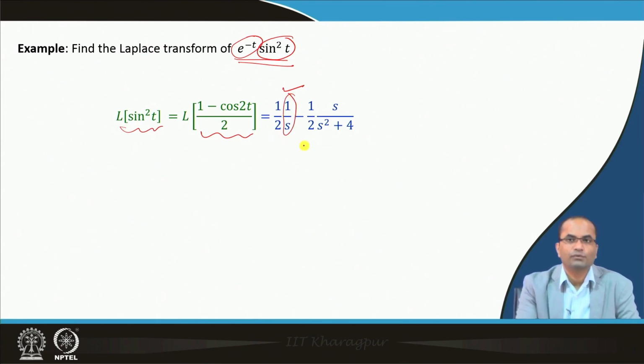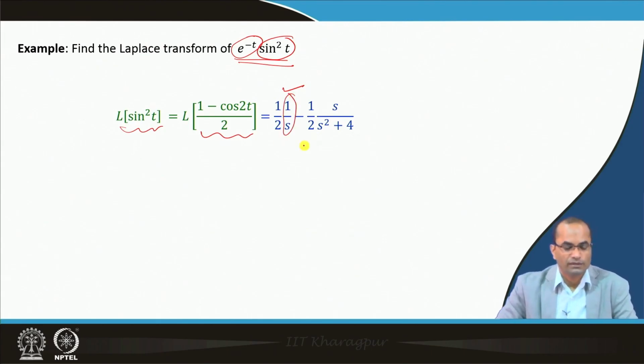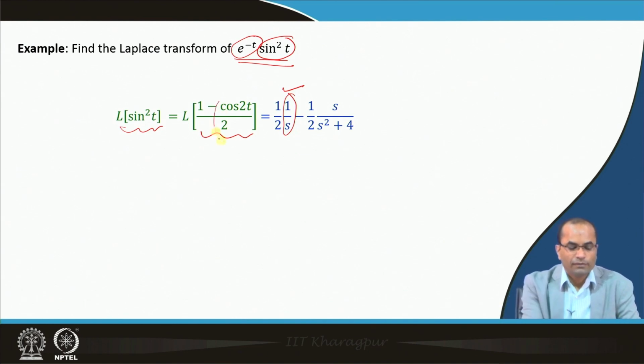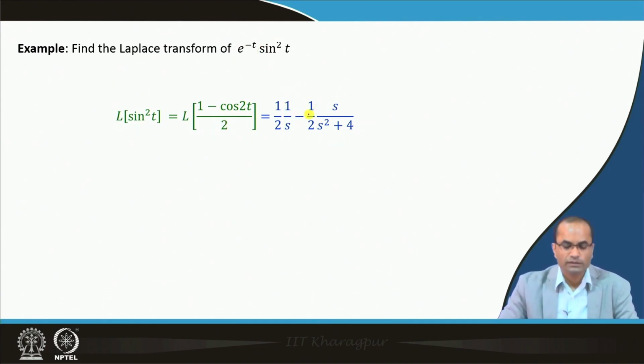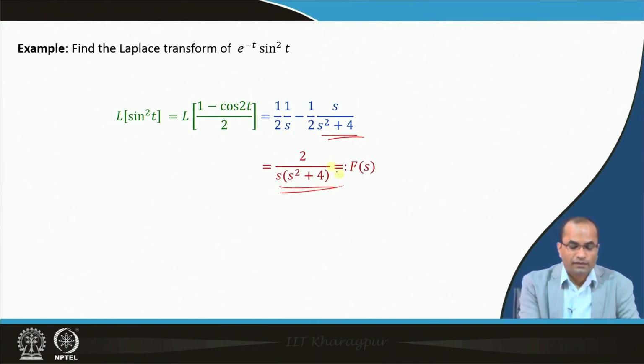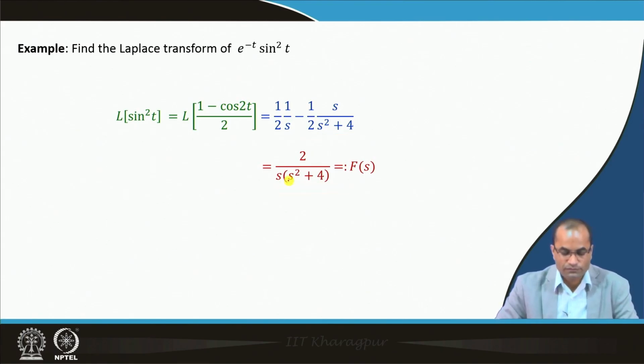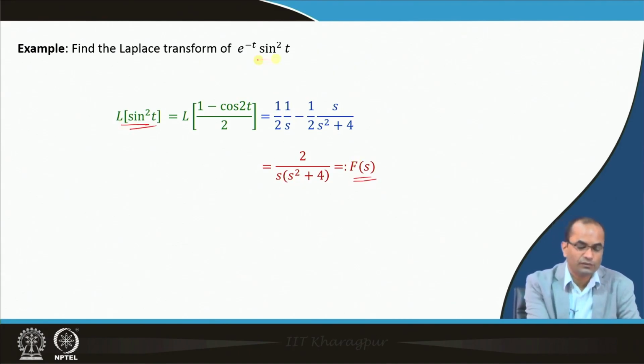We are using the linearity property of the Laplace transform. Then we have 1 by 2 with the minus sign, and the Laplace transform of cos 2 t, which is s over s square plus 4. Then we can simplify this. We get 2 over s square plus 4, and this is what we call F s, the Laplace of sin square t.